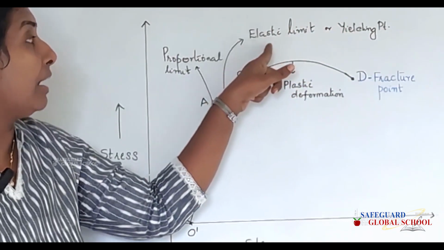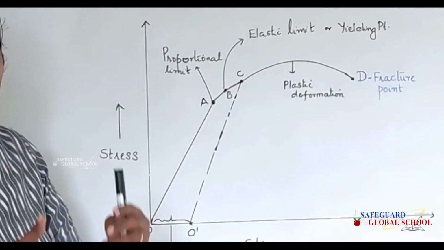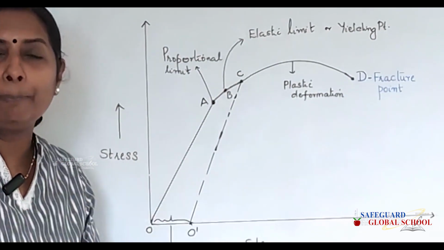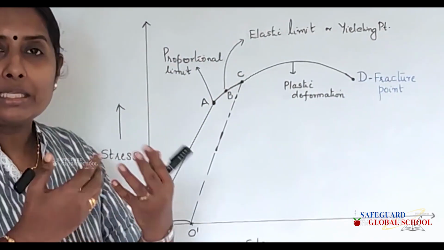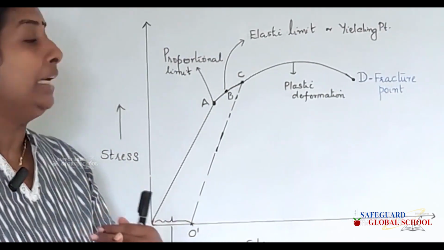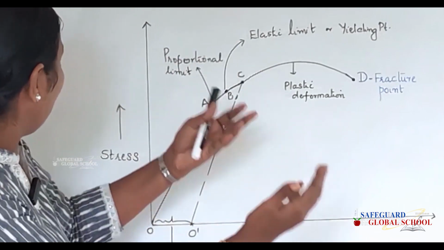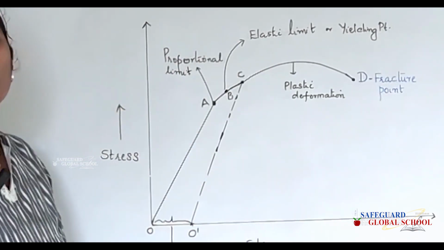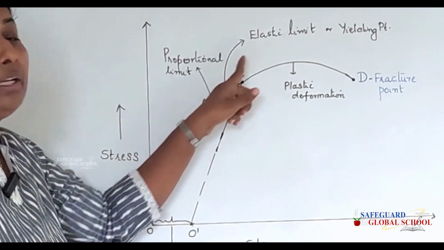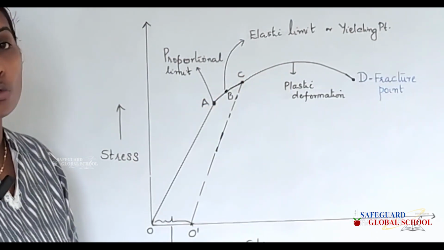What does it mean, elastic limit? That means that when we apply a deforming force on a body, stress should be proportional to strain. Till B, when the deforming forces are removed, the body will come back to its original position. It can regain its original position. But beyond the elastic limit, it is not so.